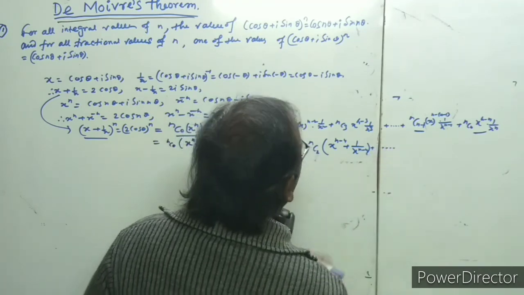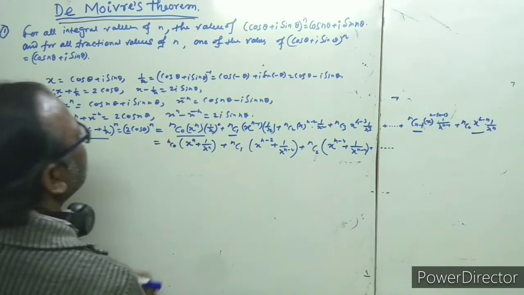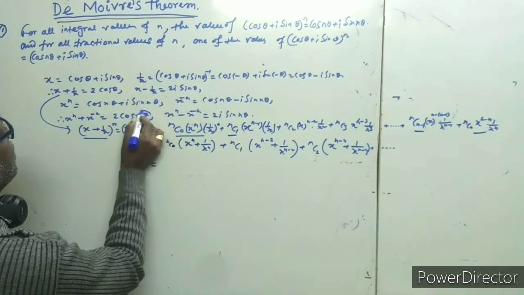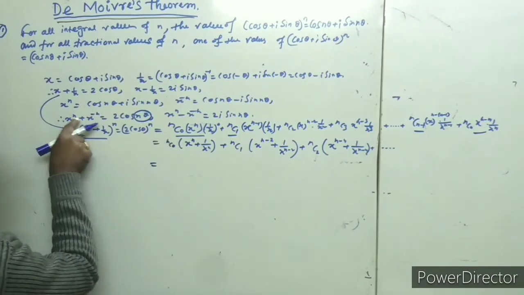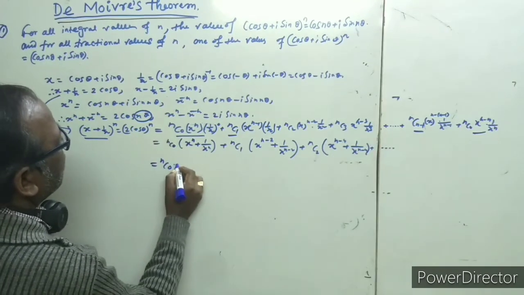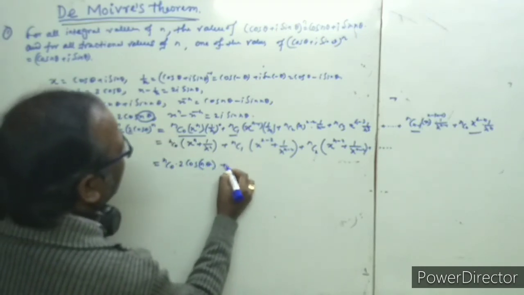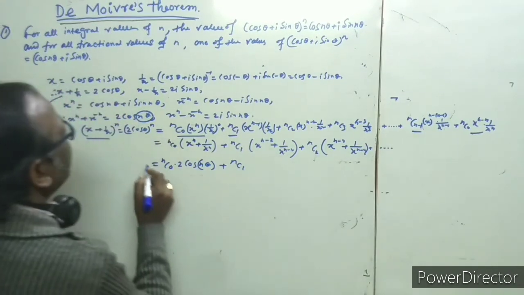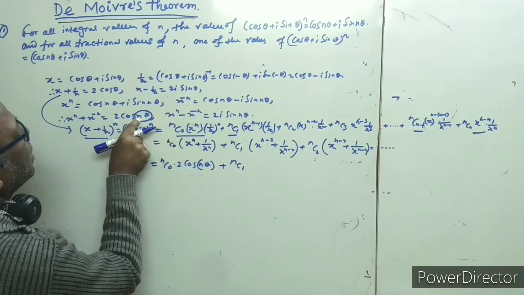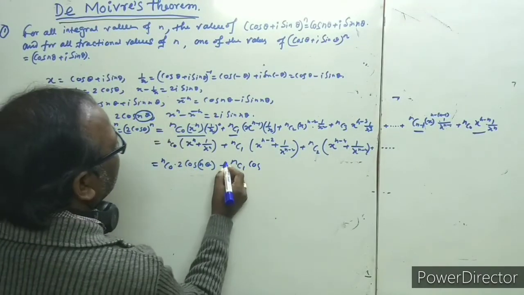Okay, now from this theorem we can write here, this is n theta, and this is minus n theta. So you can write here nC0 and this is 2 cos n theta. Okay, and this is nC1, and same as you can write here, if the degree is n minus 2, then the theta is a multiple of n minus 2 here, and this is 2 times that.